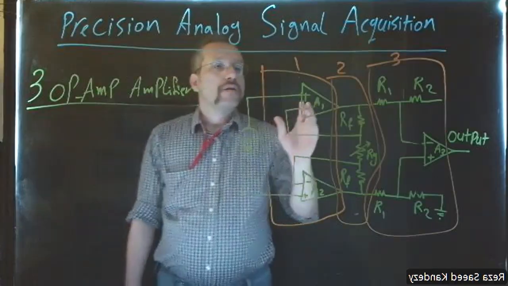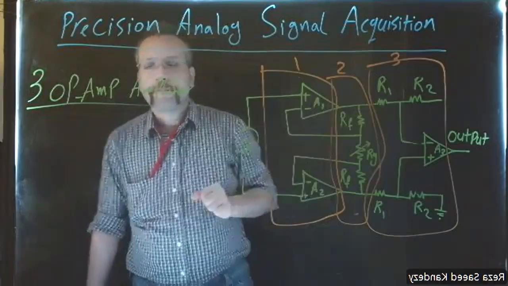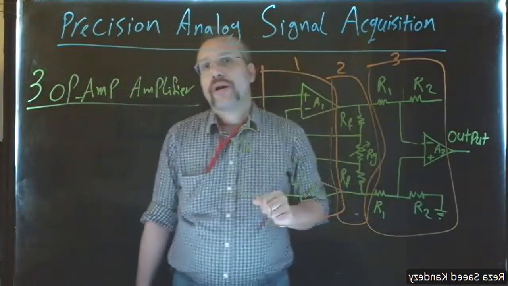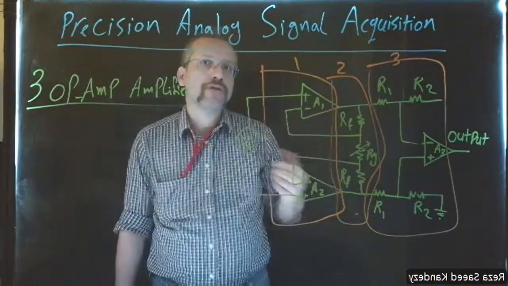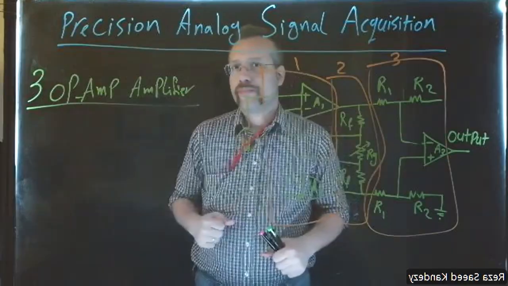Okay, the most popular and easy to design circuit for amplifying a precision analog signal is the 3-op-amp amplifier.